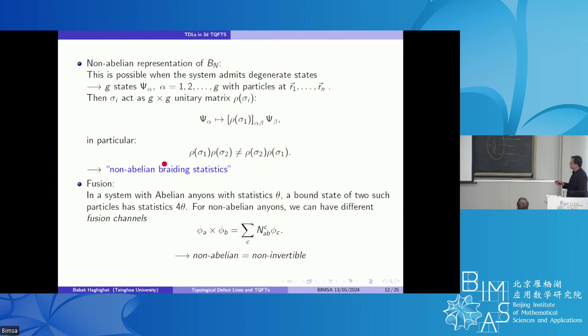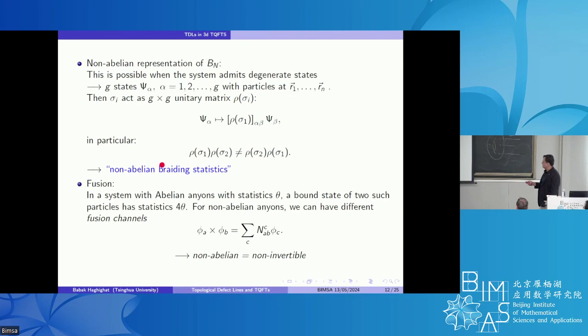And it's called non-abelian braiding statistics. So there is a non-abelian matrix acting on these wave functions. And the statistics is not only plus minus or a phase. Previously we had just boson and fermion, which was plus minus, then we had just a phase. Now we have a whole matrix acting on these wave functions. So this is what this means.